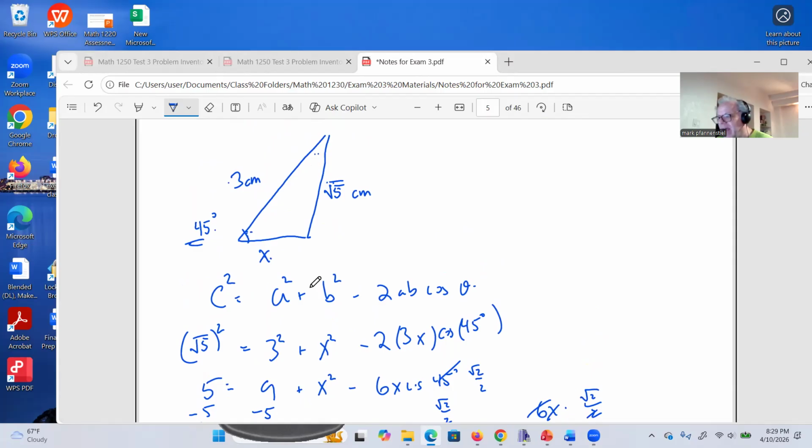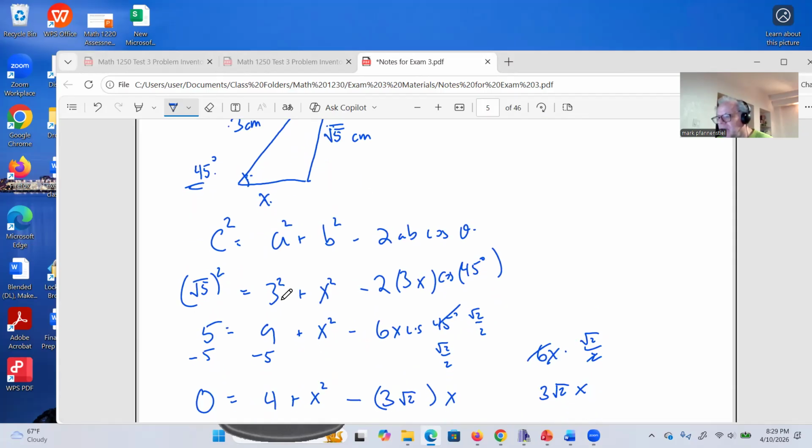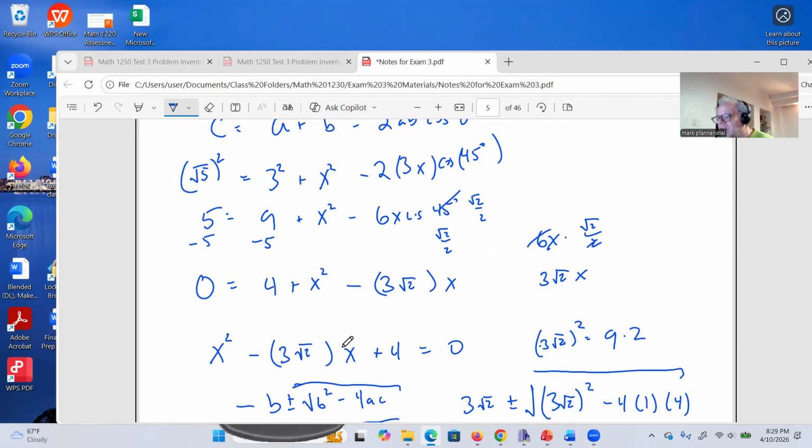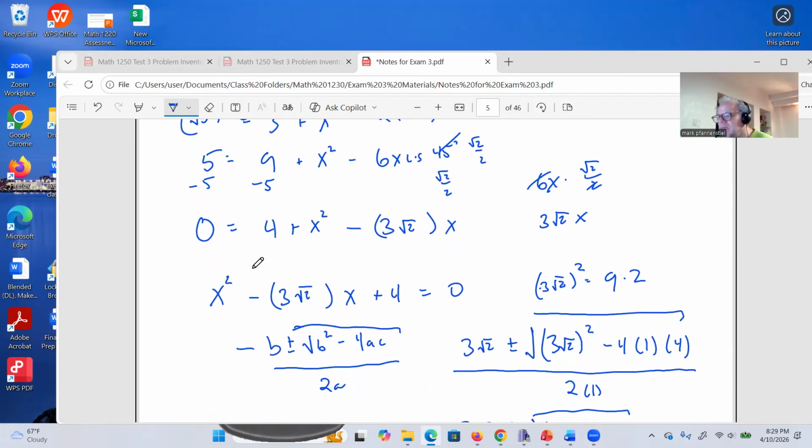So let's see. We have 9 minus 5, subtract 5 from both sides. So here we have our x squared minus 3 root 2 x. So here we have x squared minus 3 root 2x plus 4 equals 0.